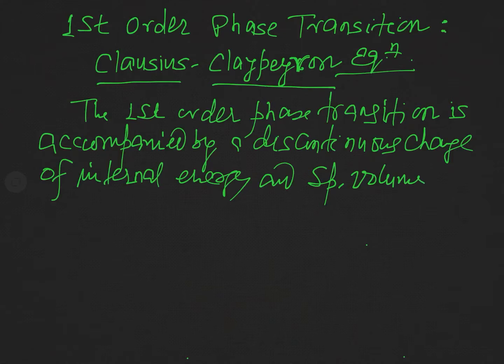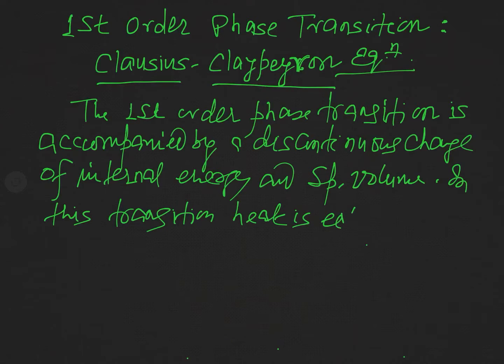You know, a specific volume means volume per unit mass, and simultaneously in this transition, heat is either evolved or absorbed.